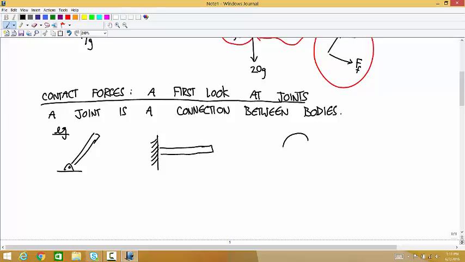You could have an object with a pin through it that can slide in a slot, and that applies a different kind of loads than those other two.